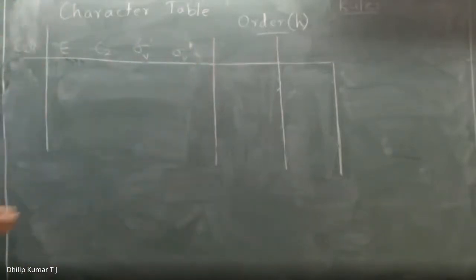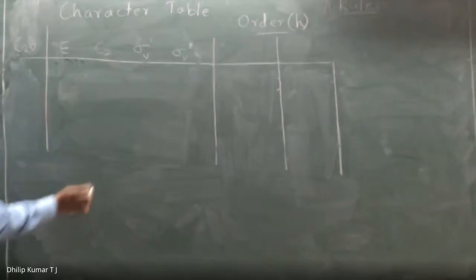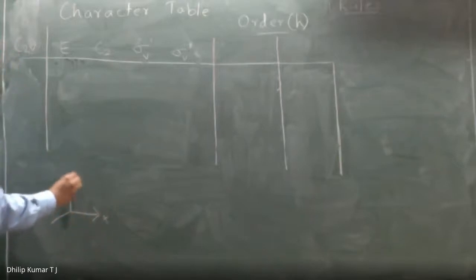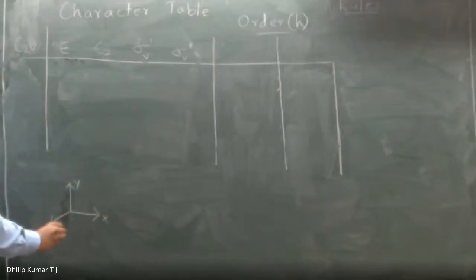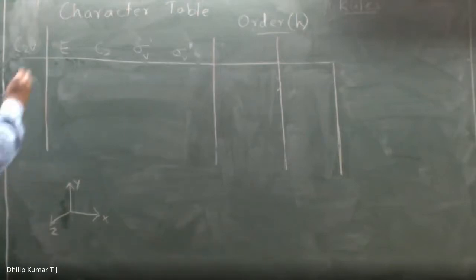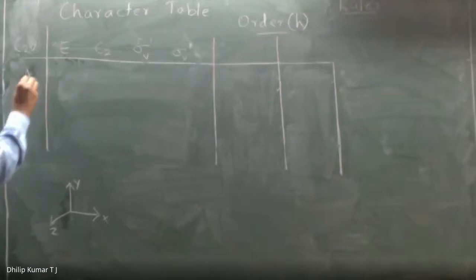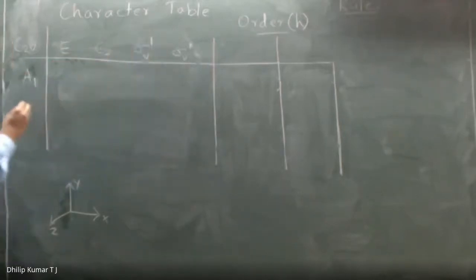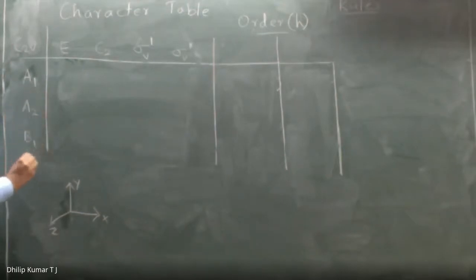If you fix the axis, this is X; either way, you can choose Y, Z. So you have 4 classes by themselves, so there will be 4 IRs: A1, A2, B1, and B2.